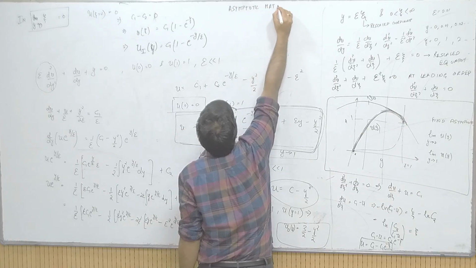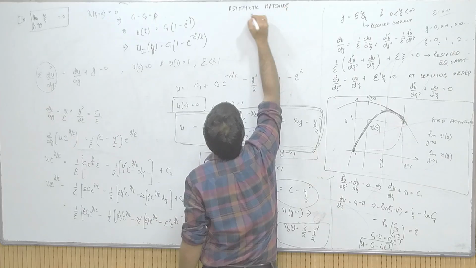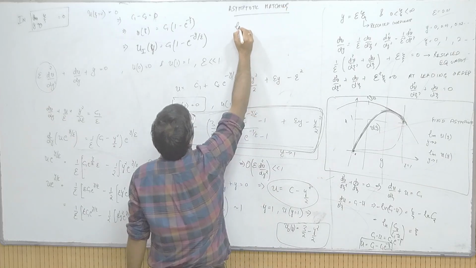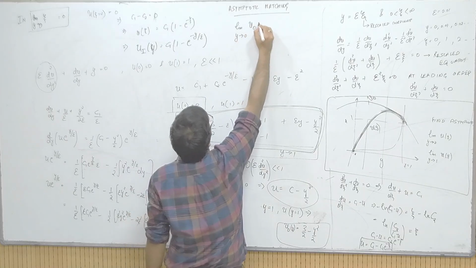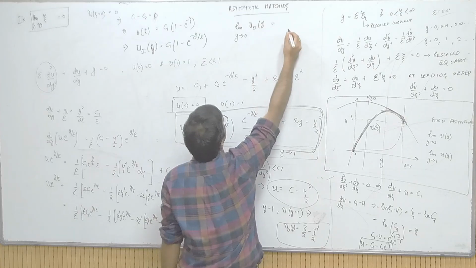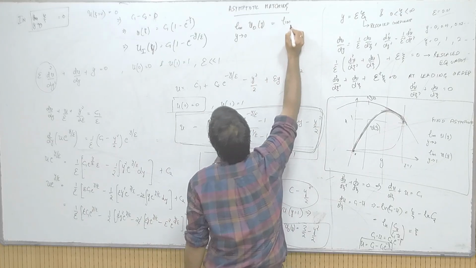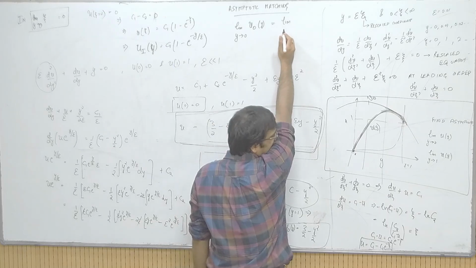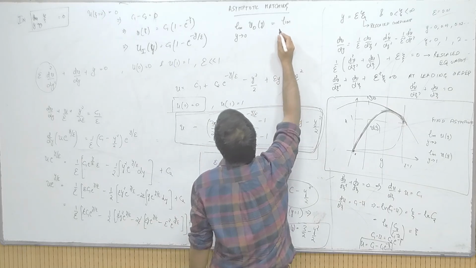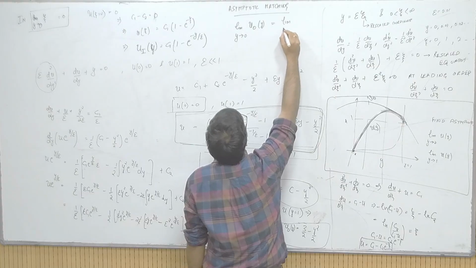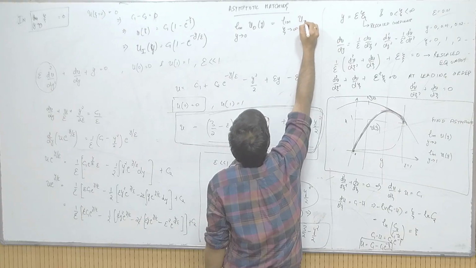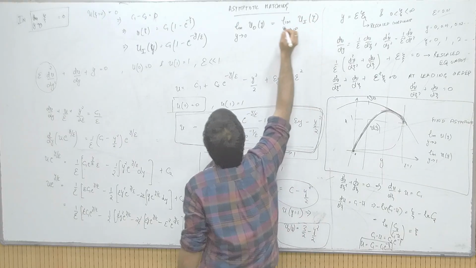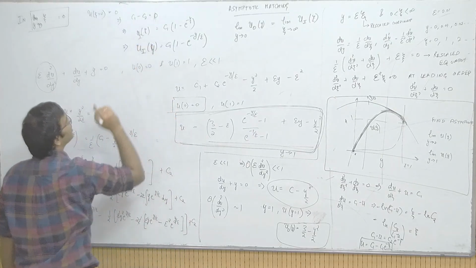And what we say is that for limit y tends to 0, u_o of y should be equal to limit c tends to infinity u_i of c. Either you want to write it as c or y, it does not matter.